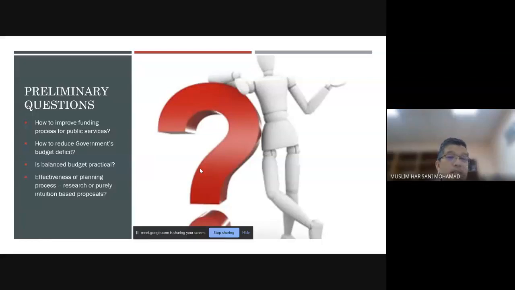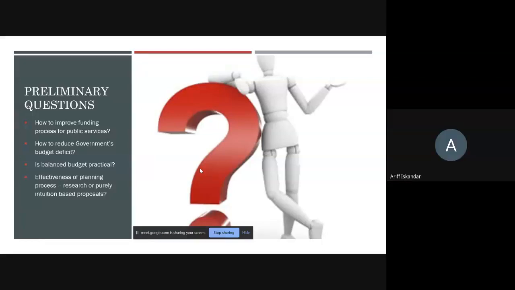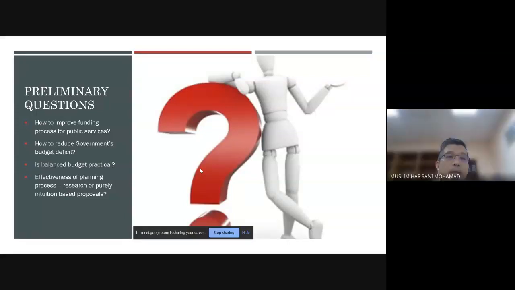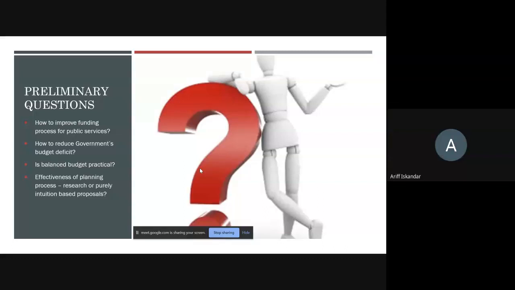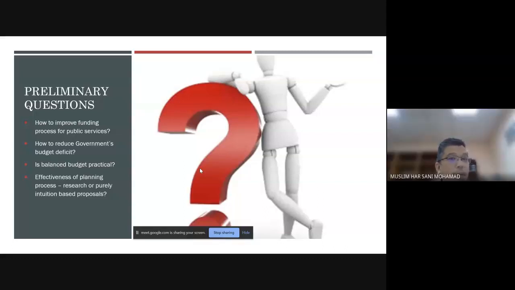I think a balanced budget is when revenue is equal to expenditure. Okay. Next time, introduce yourself. What's your name? Arif, sir. Okay, Arif. So basically, balanced budget is more on that: government spends based on its revenue.